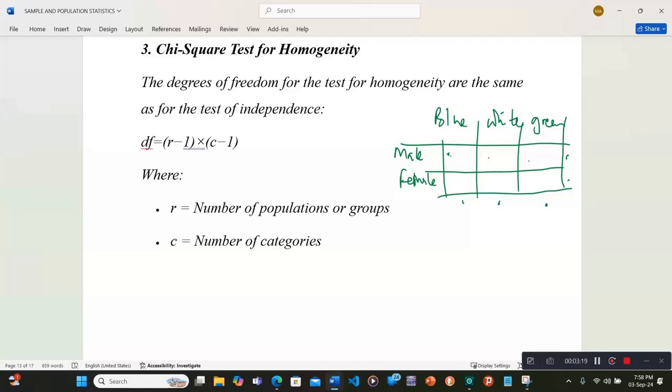Like that, like that, like that. So here, to get the number of degrees of freedom, it would be the number of rows. Number of rows are 1, 2. So this will be 2 minus 1 times how many columns? 1, 2, 3, so 3 minus 1. And the number of degrees of freedom will be 1 times 2, which gives you 2.